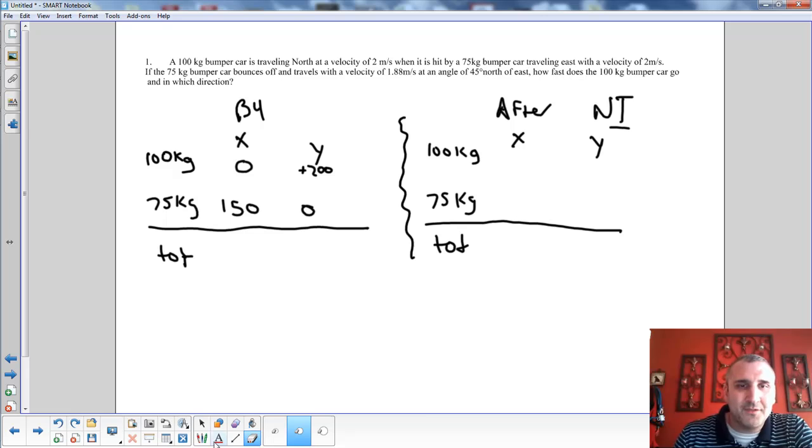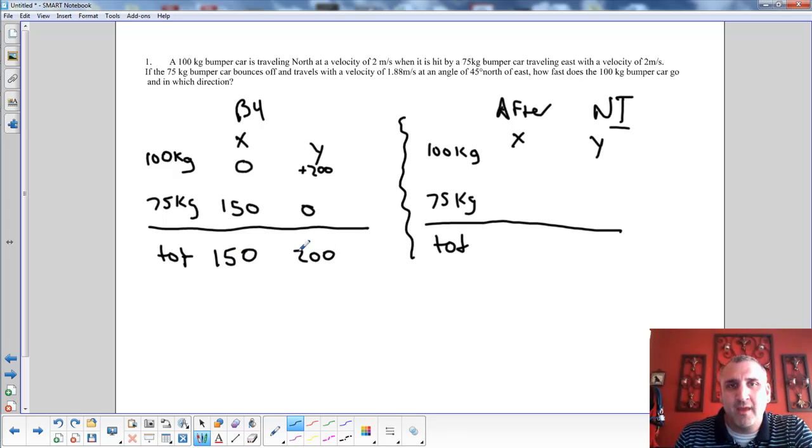And you'll see why in a second. My total momentum before the collision is 150 in the x and 200 in the y. And that's going to carry over. So whatever happens after this collision, I'm still going to have 150 in the x and 200 in the y. I hope that makes sense. And it's only because what happens before also has to happen after.